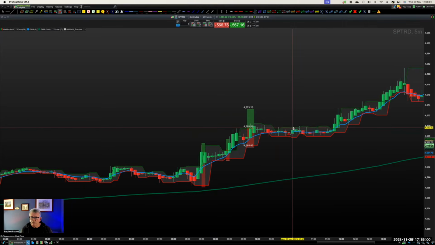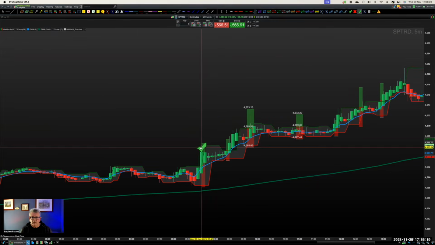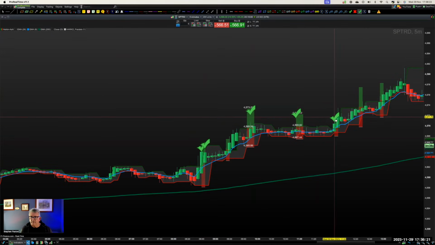Nothing really to write home about until we get a breakout here with a stop here, another win there, another breakout here. Market came down, another breakout here, another breakout here, and another one here. As you can see, every single one of those is a winner.